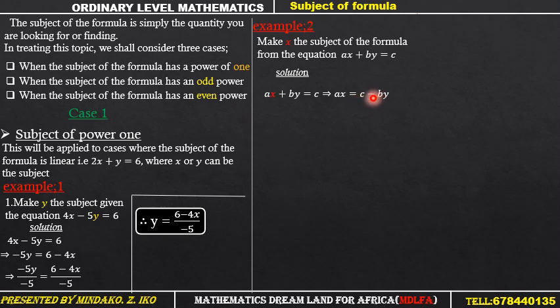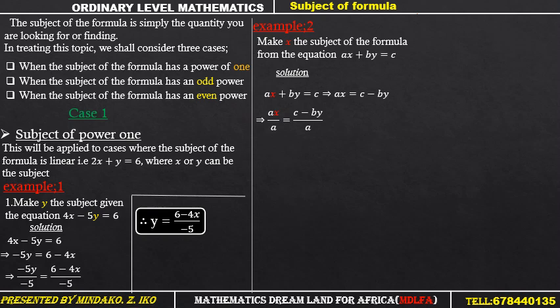You notice that the minus here means that the by term, the y term, has crossed the equality sign, and the sign reverses because it was actually positive, but now it is negative because it has crossed the equality sign. In the previous example we noticed that whenever a term is attached to the subject of the formula, we divide all through by that term.